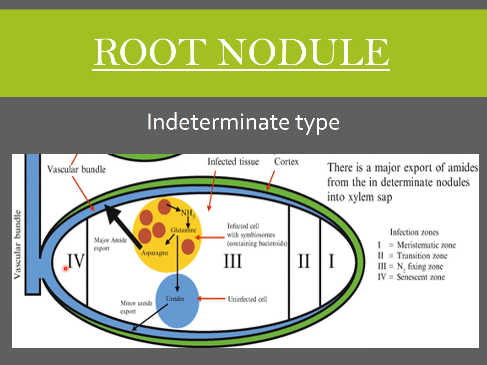The senescent zone is where the plant cells and their bacteroid contents are being degraded. Due to breakdown of the heme component, this area is usually seen as a visible green color. So the pink part is only in the central zone, because that is where we have active nitrogen fixation and the presence of leghemoglobin, which imparts the pink color.